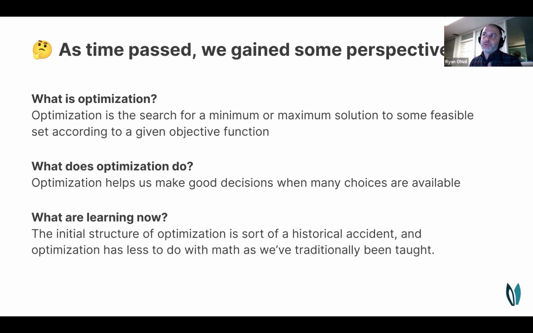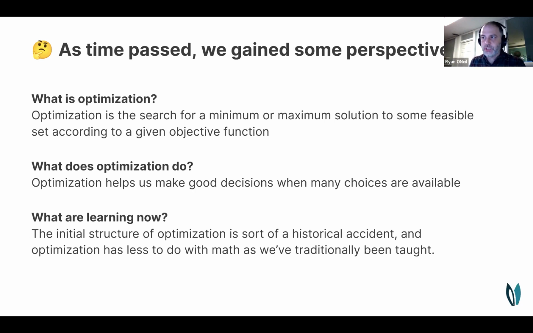So if we step back and we say, well, what is optimization? Hopefully the answer isn't, it's the search for the best basis on a matrix, right? Hopefully the answer should be, it's the search for a minimum or maximum solution to some problem that I have. And as we talk about what optimization is, typically, if we're communicating that to somebody who isn't in the field, we're talking about it in a way that has nothing to do with mathematics.